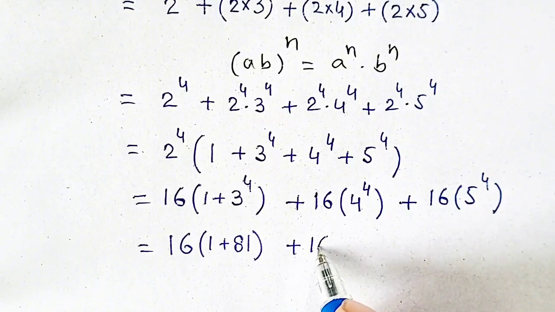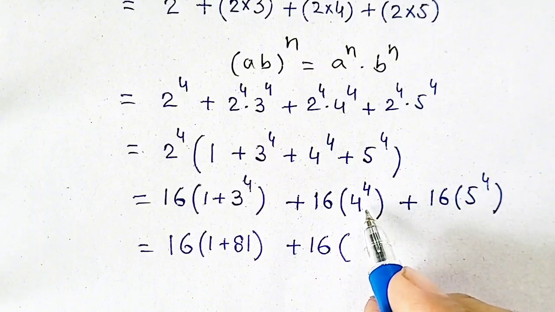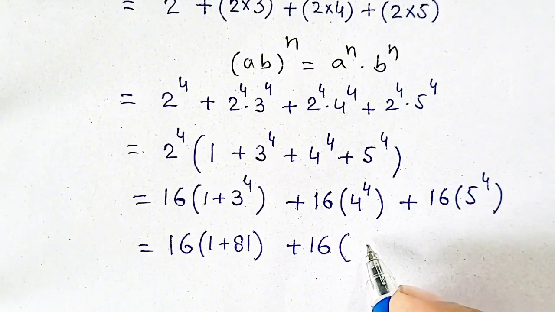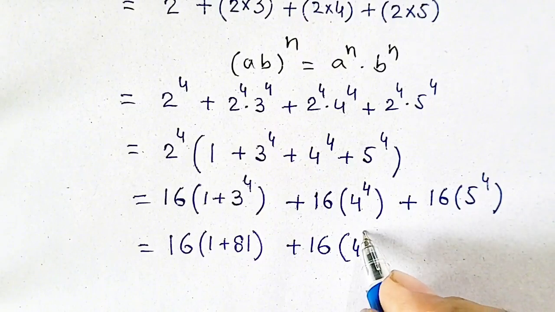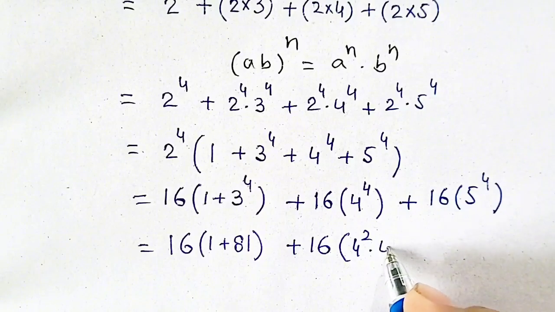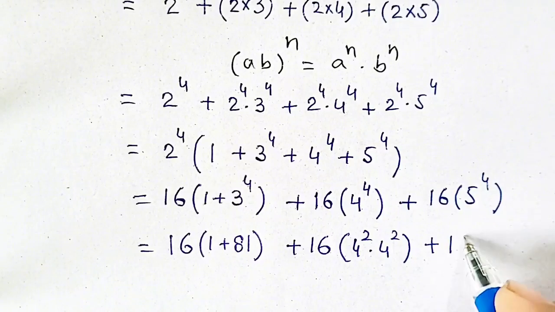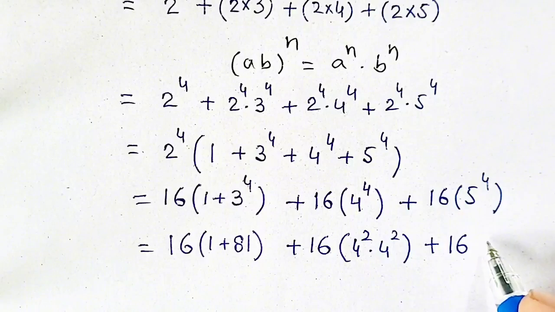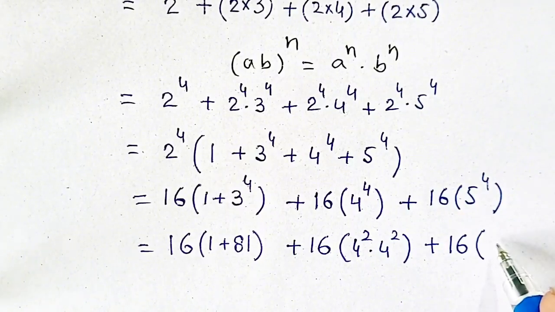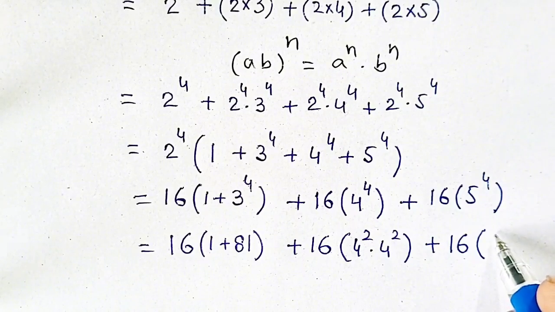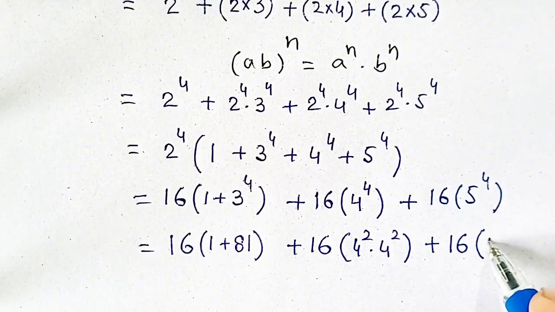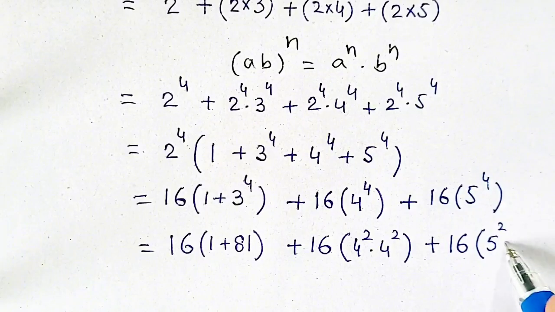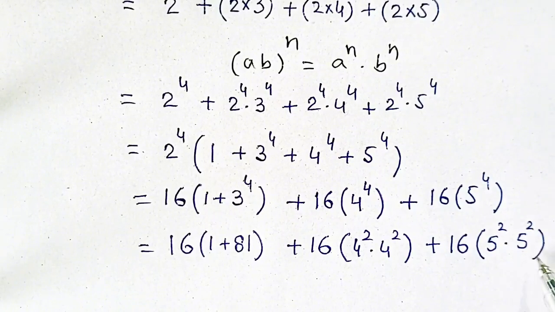Plus, we can write 4 raised to power 4 as (4 squared) raised to power 2, and 5 raised to power 4 as 5 power 2 times 5 power 2.